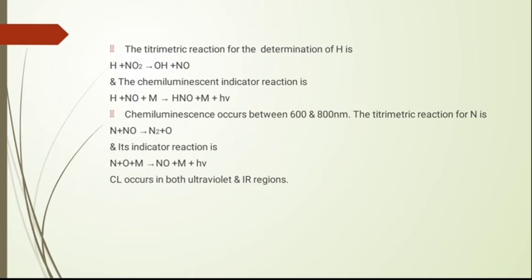Chemiluminescence occurs between 600 and 800 nanometers for hydrogen.